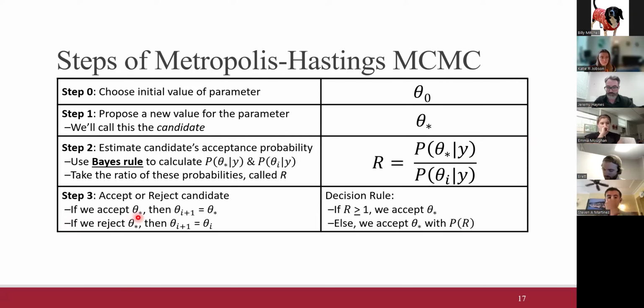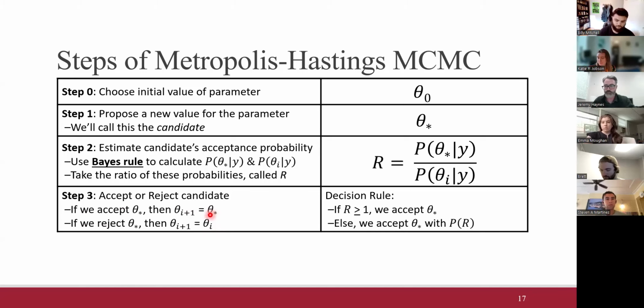If we accept the candidate, that becomes the next sample in our posterior, and we're going to go about our business. If we reject it, again, we're going to retain the previous sample. We're not going to consider that candidate again.